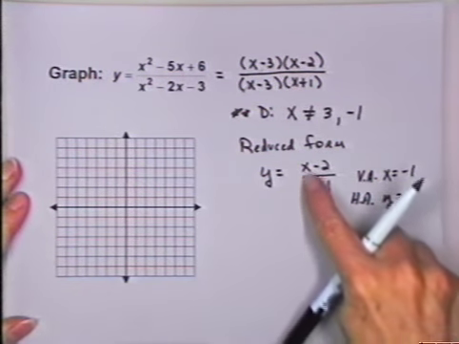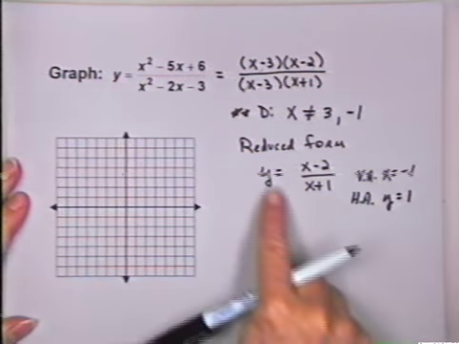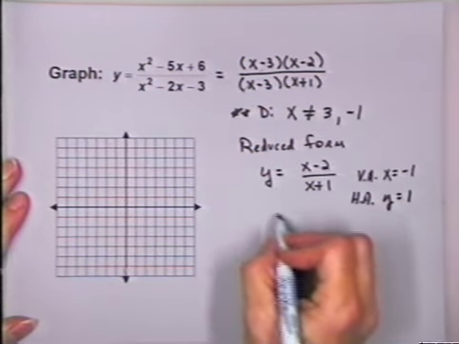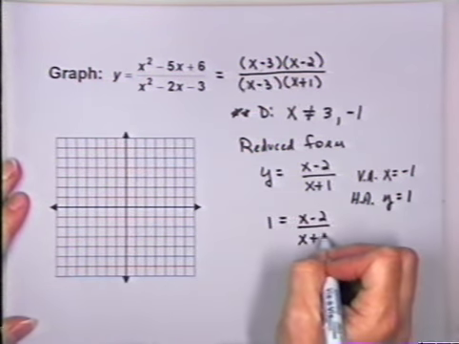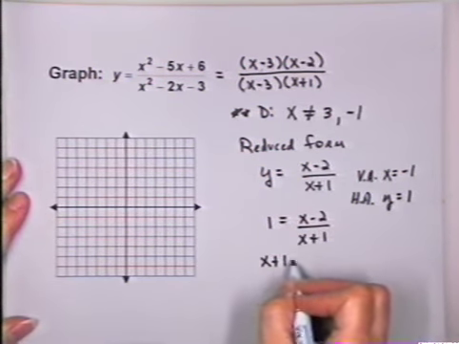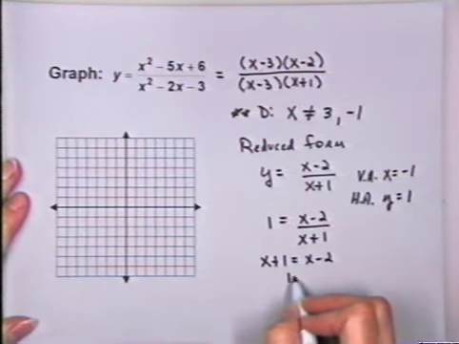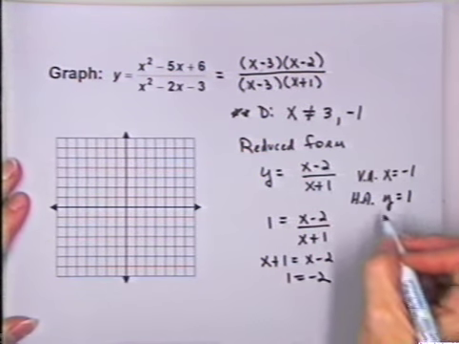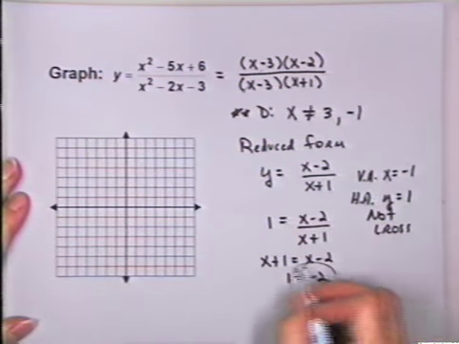Well, the leading coefficients here are 1s, so 1 over 1, y equals 1. Let's see if this thing crosses y equals 1. Let 1 equal x minus 2 over x plus 1. If I multiply both sides by x plus 1, I get x plus 1 equals x minus 2, don't I? Subtract x's, 1 equals negative 2. So I will not cross this because I have no solution here.